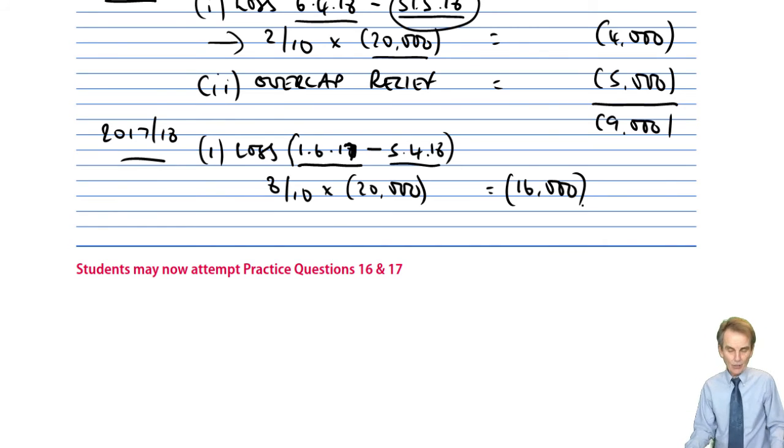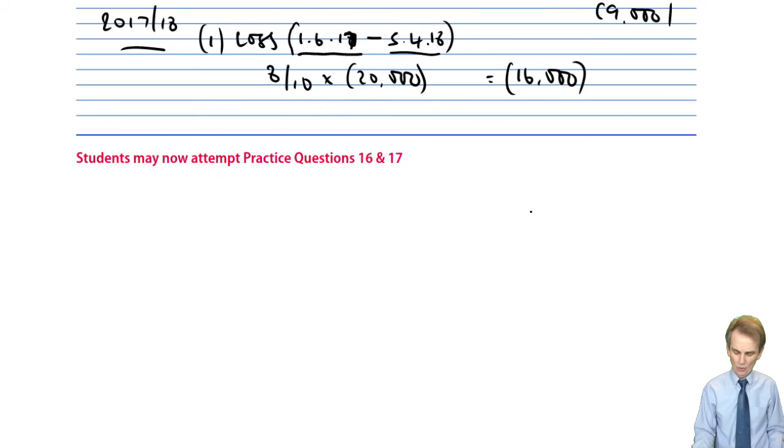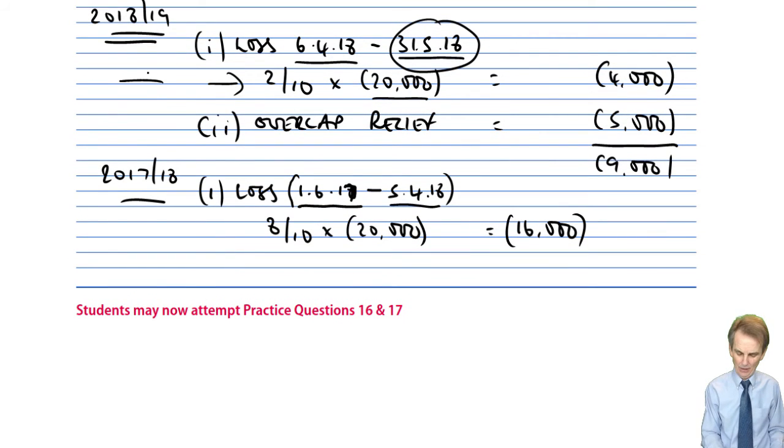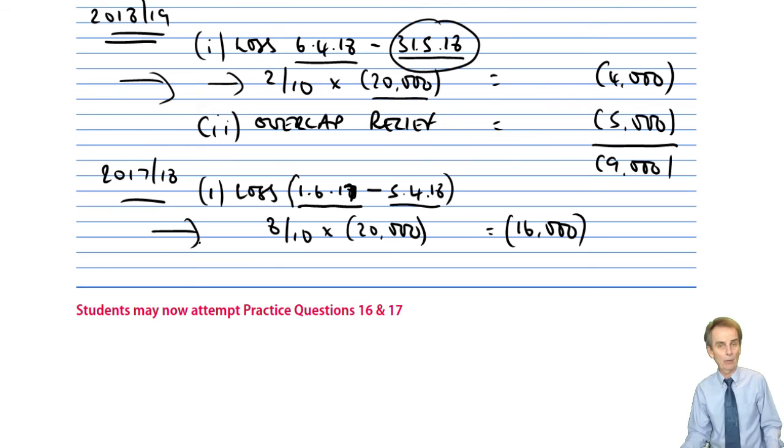But that does not take us back the entire period. What we've done so far is to look at the last 10 months of trading. 2 of those months fell into the final tax year. 8 of those months fell into the penultimate tax year.